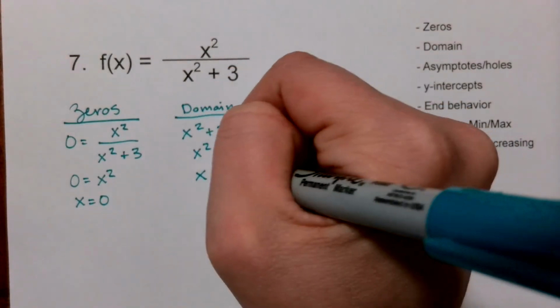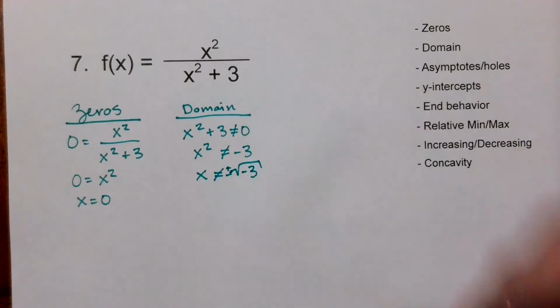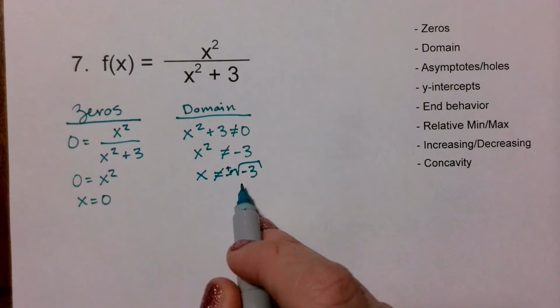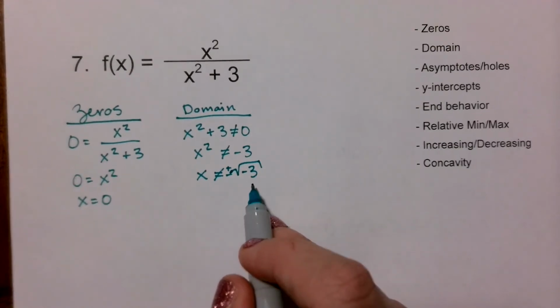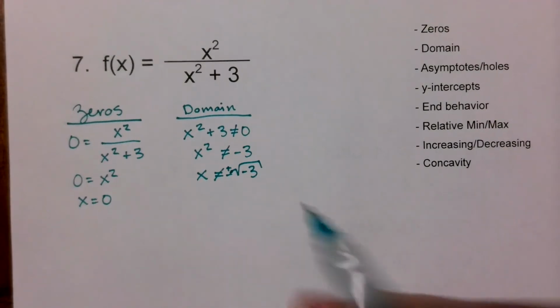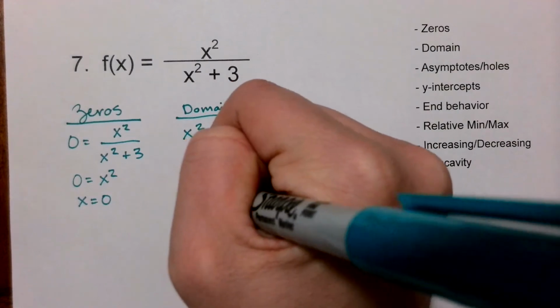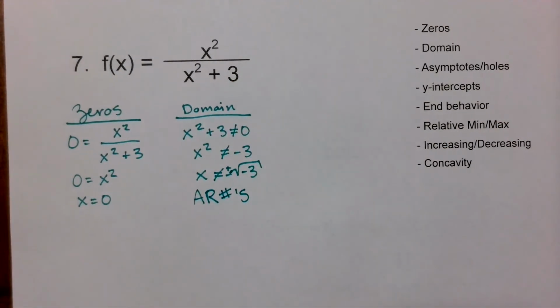We get that x can't be positive or negative square root of negative 3, which we know is imaginary. So if x can't be these 2 numbers that are both imaginary, that means that our domain is actually all real numbers, because the only thing it can't be is imaginary numbers. So we've got all real numbers, or negative infinity to infinity, for our domain.